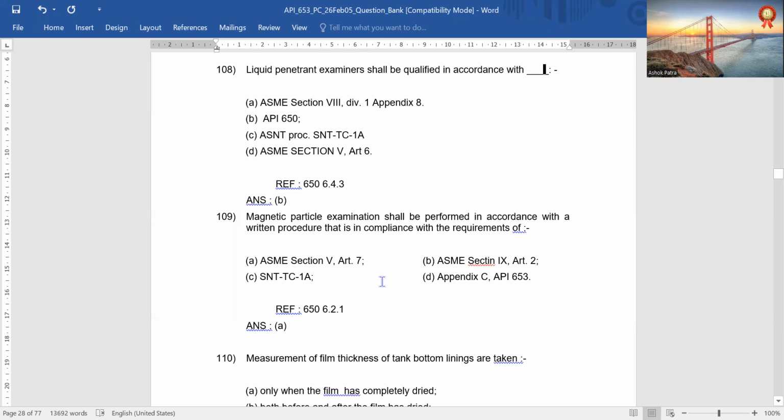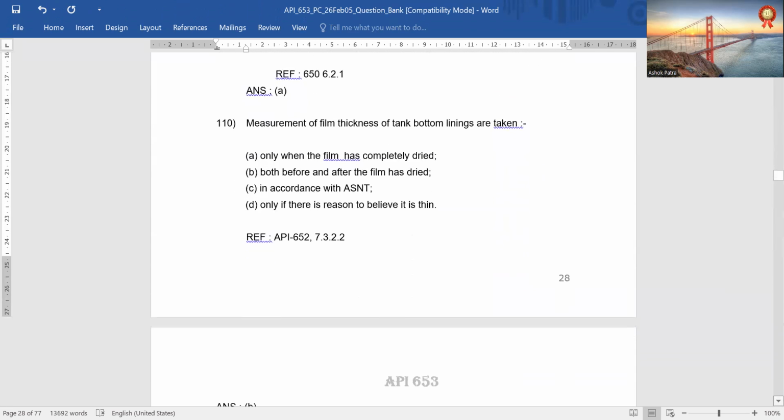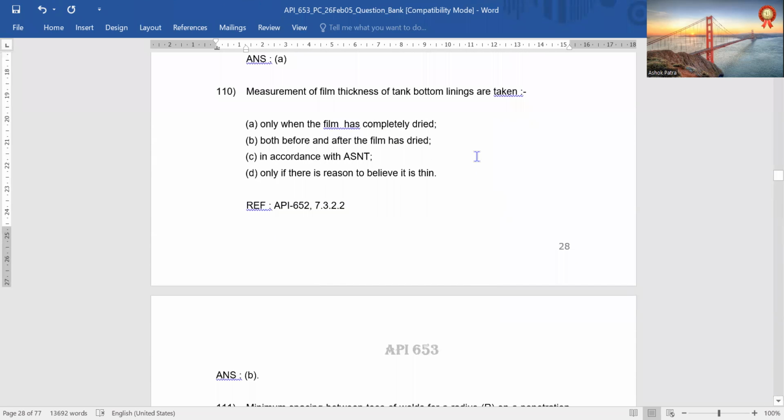Magnetic particle examination shall be performed in accordance with written procedures, that is, in compliance with the requirements of ASME Section 5, Article 7. Measurement of film thickness of tank bottom linings is taken only when the film has completely dried.